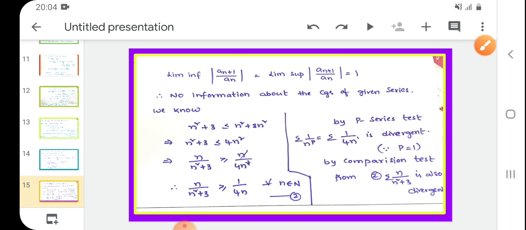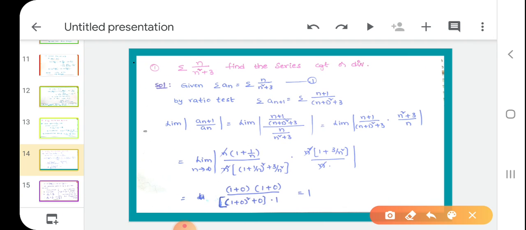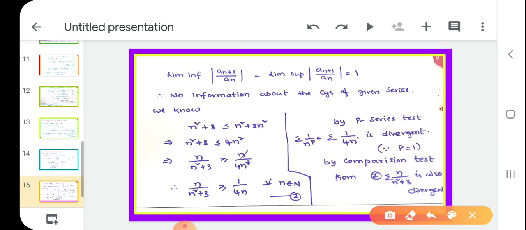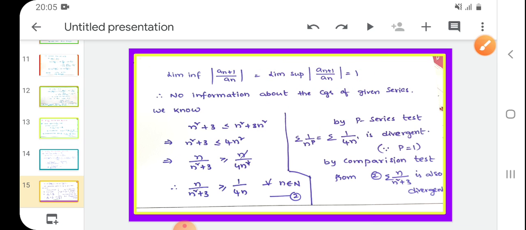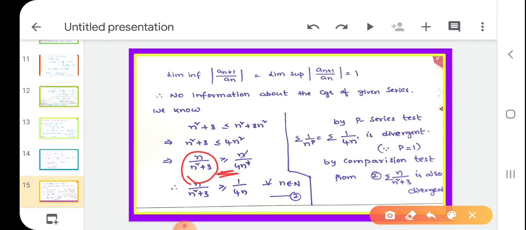What is the actual series? We have n by n square plus 3. See, if n square plus 3 is less than or equal to 4n square, what is the value of 1 by n square plus 3? Automatically the relation changes. If it is less than or equal to, now it becomes greater than or equal to. Now I put n on both sides. So n by n square plus 3 is greater than or equal to n by 4n square.